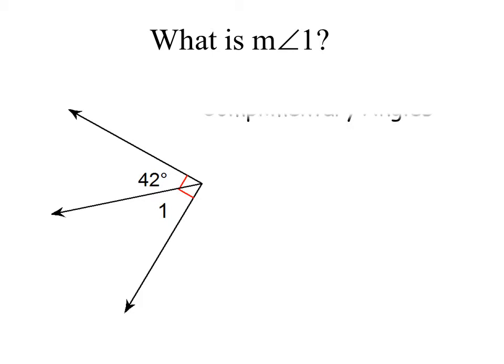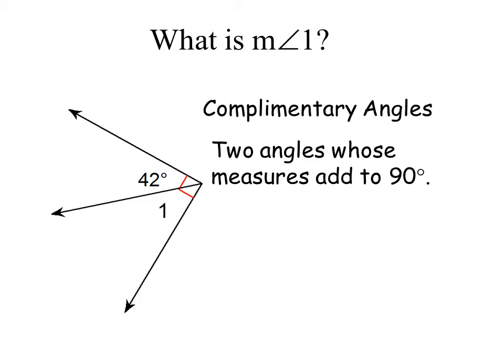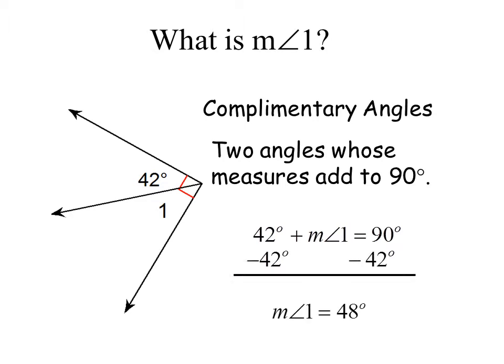So I know that these two angles are complementary angles. If I remember my definition, complementary angles are two angles whose measures add to 90 degrees. So now I can write an equation. 42 plus the measurement of angle 1 equals 90 degrees. To solve this, I just have to subtract 42 from both sides, and I know that the measurement of angle 1 is 48 degrees.